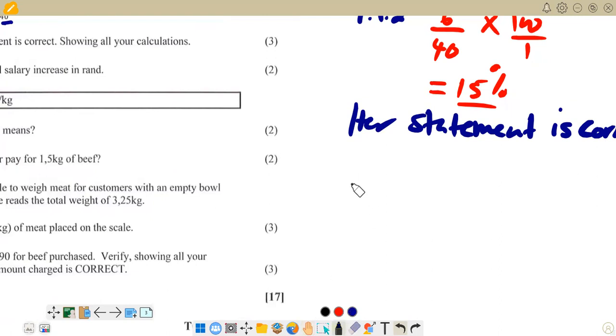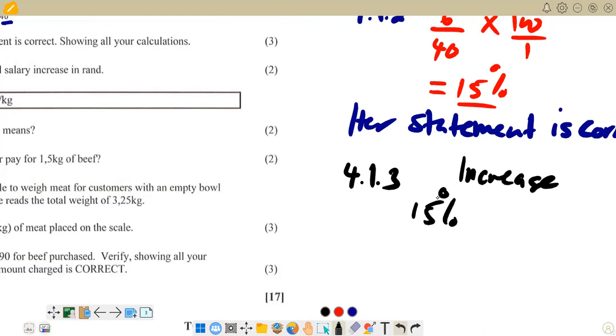Now we are on 4.1.3. What we are going to do there is calculate the increase in rands. So we are going to say 15% of 124,000 rands.